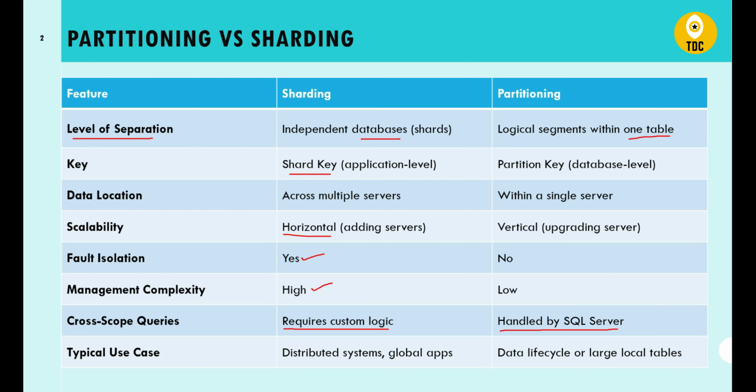But when you talk about distributed systems and global applications, large-scale enterprise-level applications working in different regions and geographical locations, where you need to handle that kind of capacity and scalability, then in that case you need to go for sharding, right?